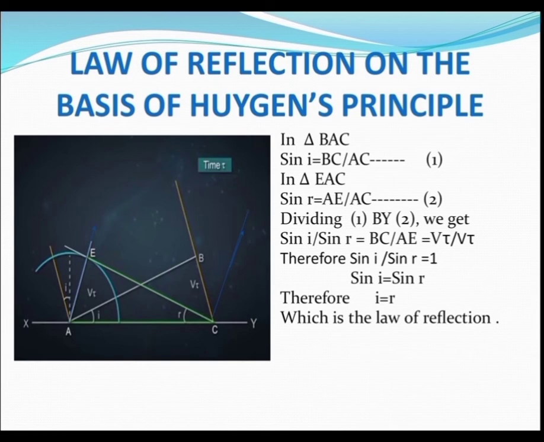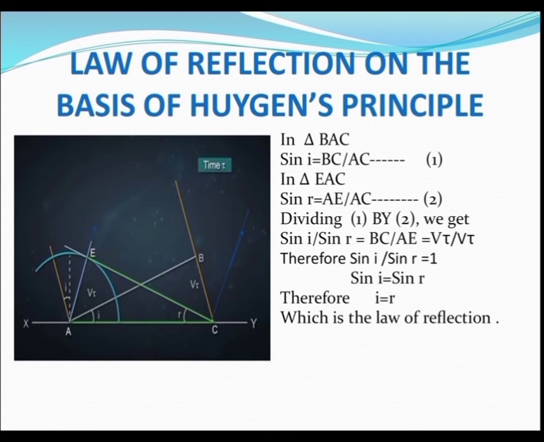Similarly, in triangle EAC, sin R is equal to AE over AC. Let this be equation number 2. Dividing equation 1 by equation 2, we get sin I divided by sin R is equal to BC over AE, because AC gets cancelled. Put the values of BC and AE.